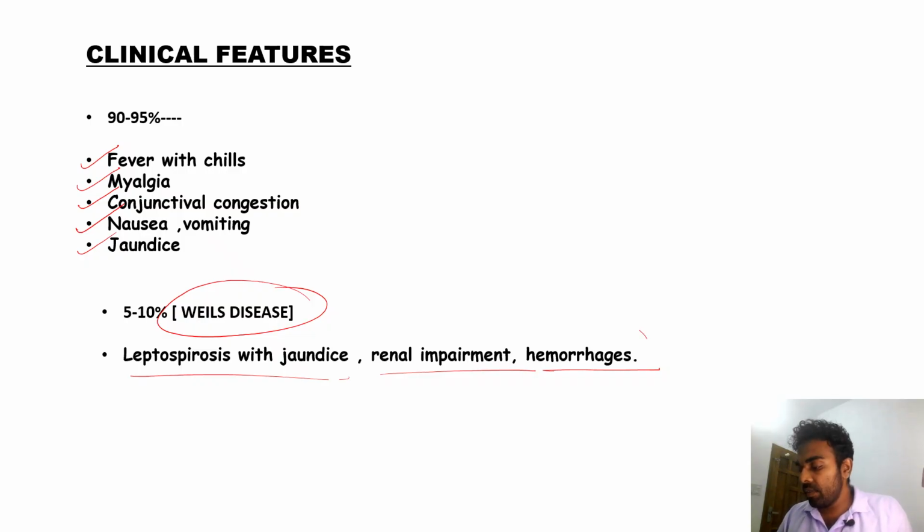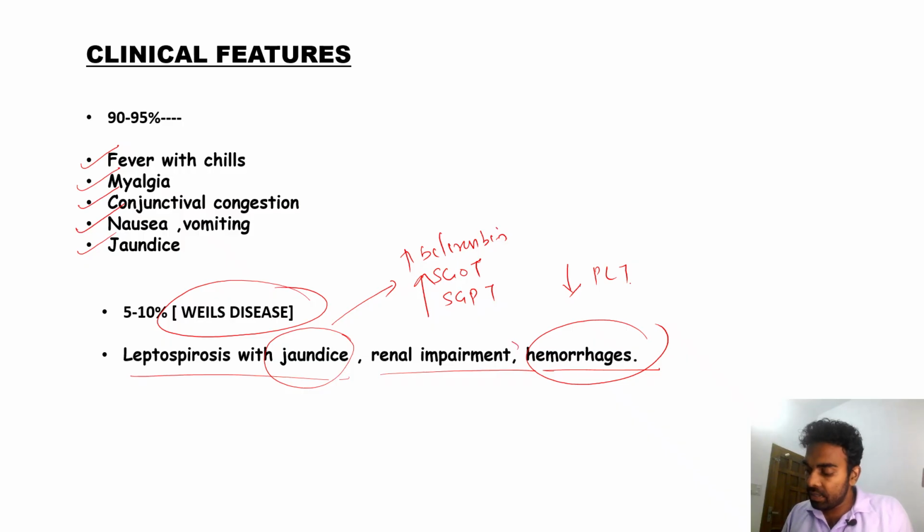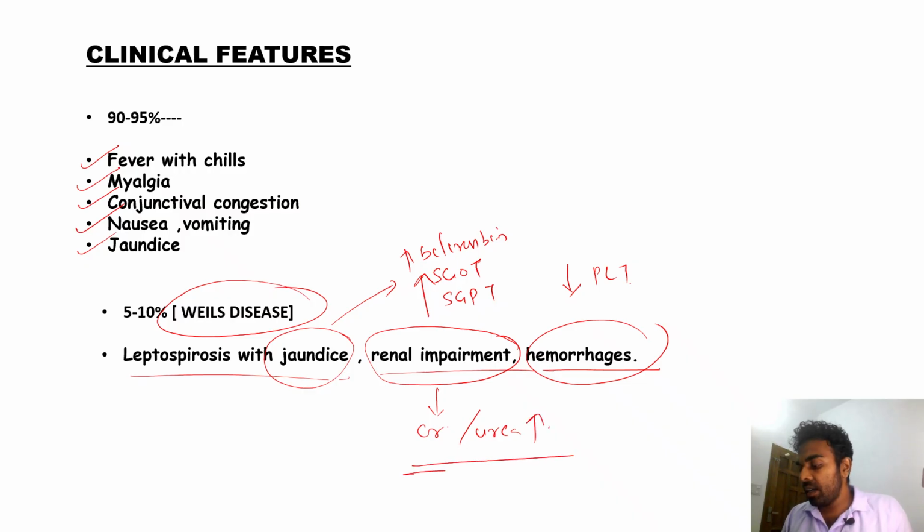With hemorrhages, the platelet count would be pretty low. If it is jaundice, the patient will have elevated bilirubin, SGOT and SGPT. If it is renal impairment, the creatinine and urea will be elevated. In acute kidney injury, most of the time the patient will need hemodialysis for survival. So it has a very high mortality rate also.